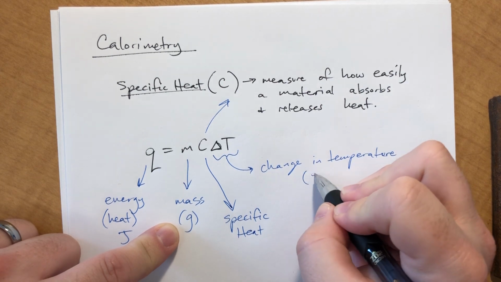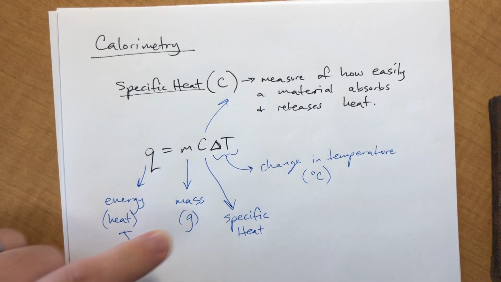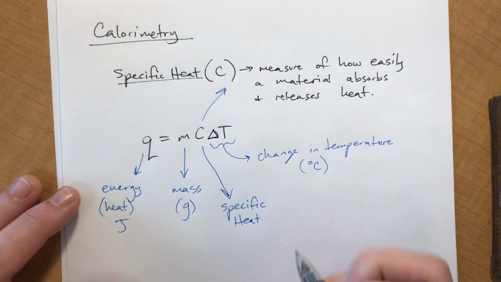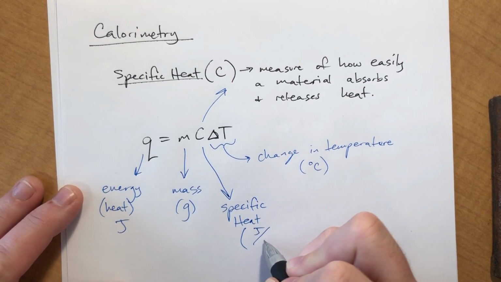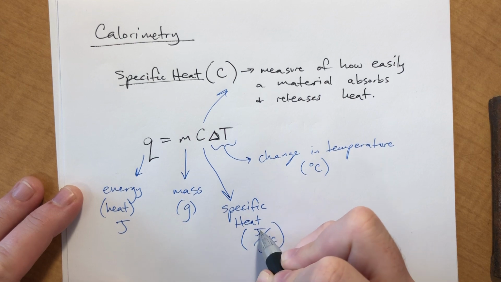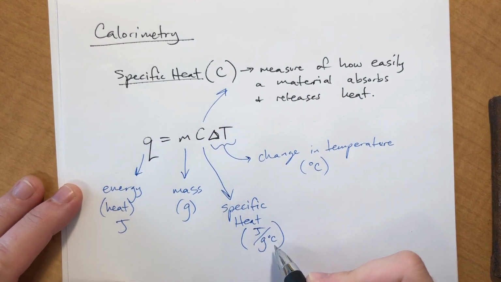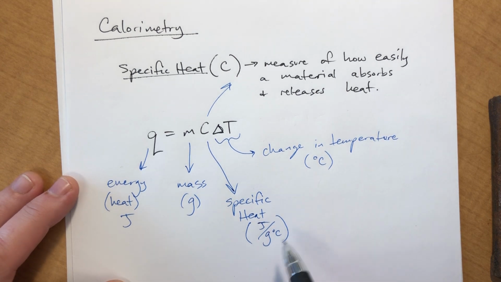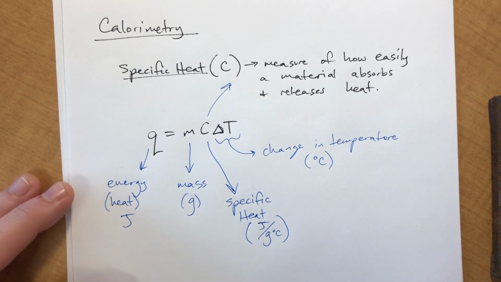We, by default, do all this in degrees Celsius, because science, I guess. So in order for the units to cancel out here, specific heat's units have to be joules per gram degrees Celsius. So joules is on top, and grams times degrees Celsius is on the bottom, which is a little messy, but its only job is to cancel out everything else.